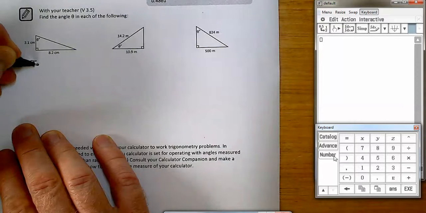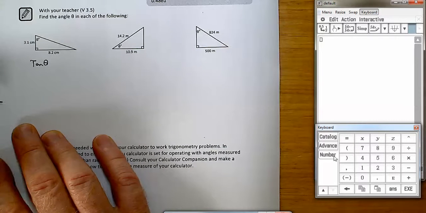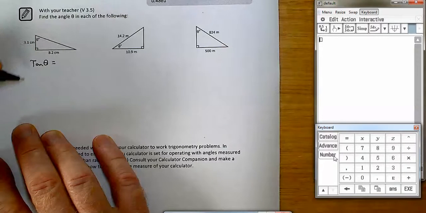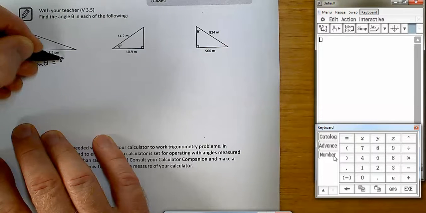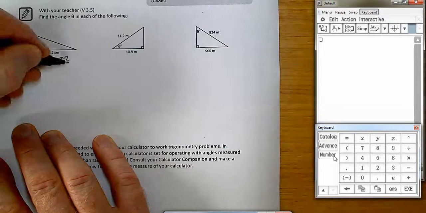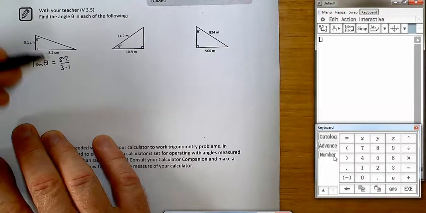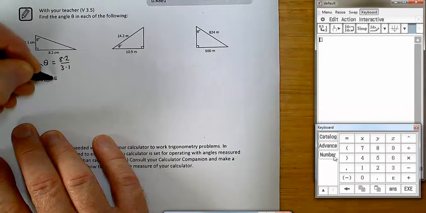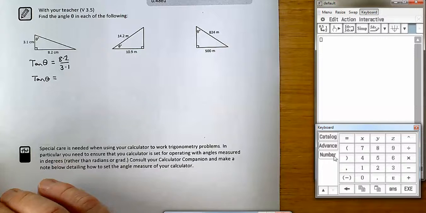Tan of the angle we're trying to find out, that's Greek letter theta, tan of our angle theta equals opposite over adjacent, 8.2 divided by 3.1. Now 8.2 divided by 3.1 is just a number, and I think it's probably a good idea if we evaluate that as a number right now on our calculators.